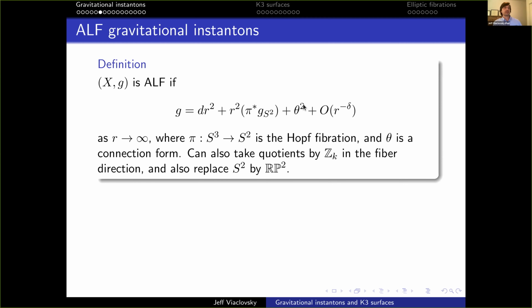You can also take quotients by Zk in the fiber direction, and you can also replace S2 here by RP2 to get other possible cases.